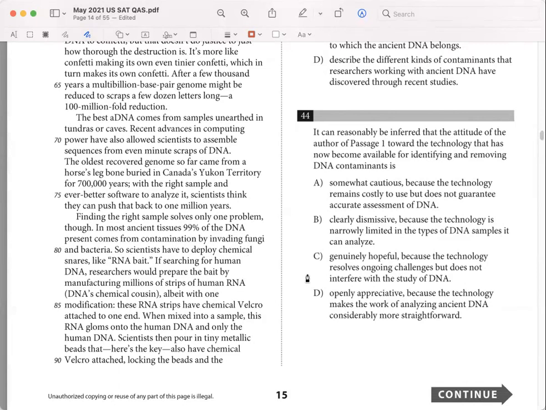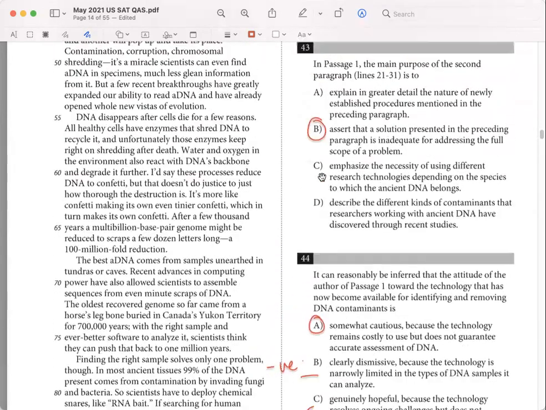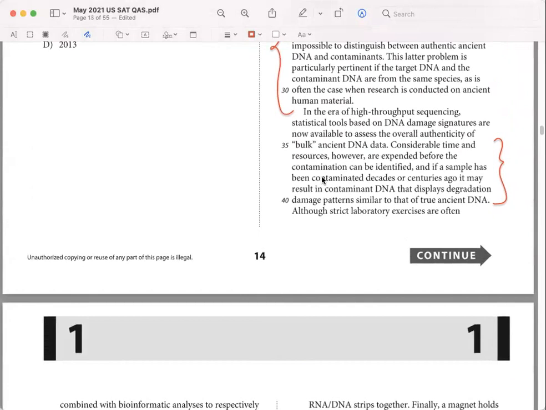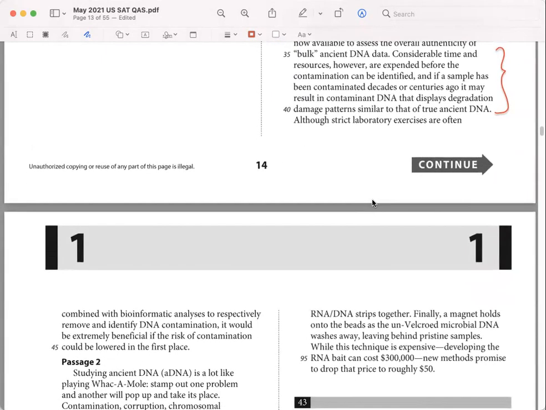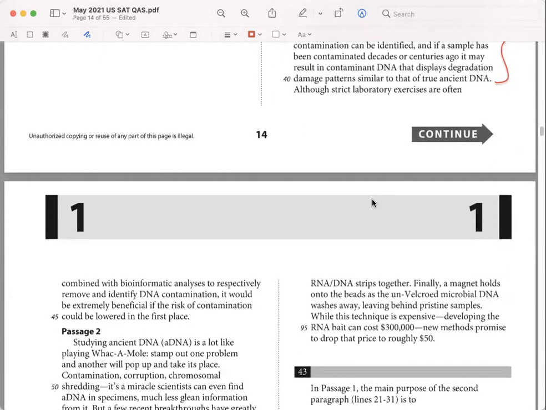So I think C and D are very positive and B is very negative, right? I think A is a good answer because it clearly states here that considerable time and resources are expended if a sample has been contaminated. The other issue is that laboratory exercises can be used to do that.